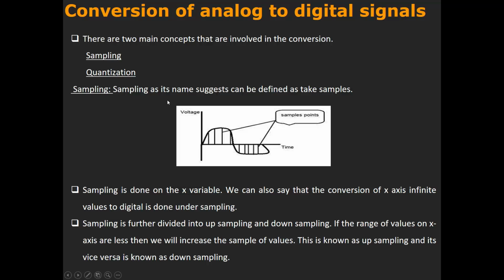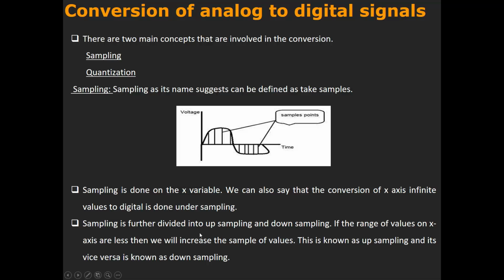Sampling, as its name suggests, can be defined as taking samples. So sampling is done on the x variable. We can also say that the conversion of x-axis infinite values in analog signal, there are infinite values on the x-axis, to a digital is done under sampling. So in case of digital signals, we have only a set of values on the x-axis.